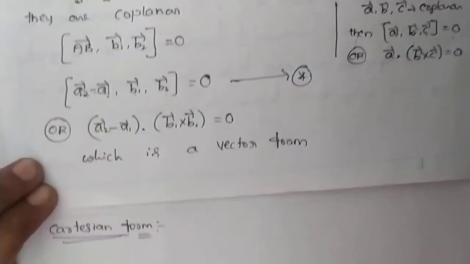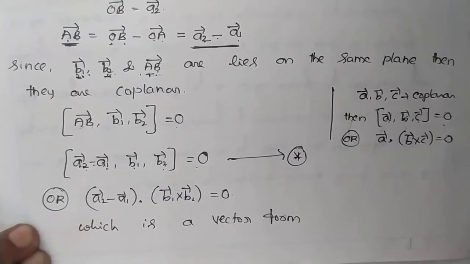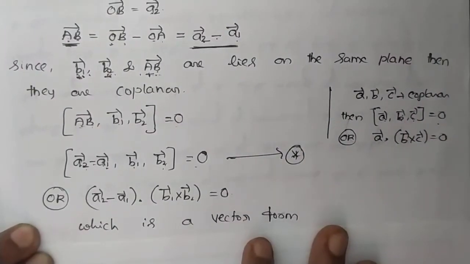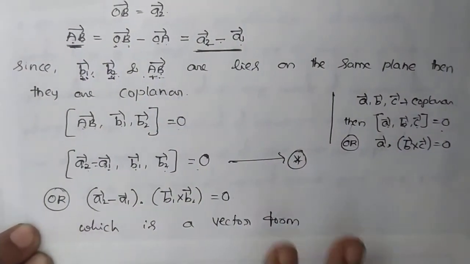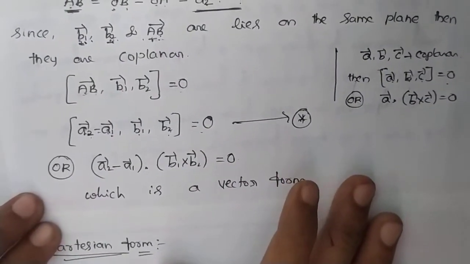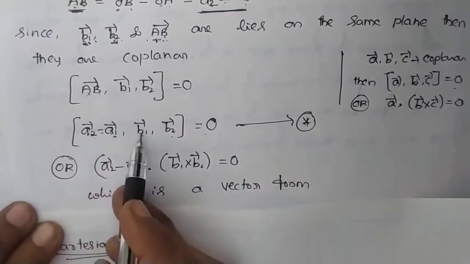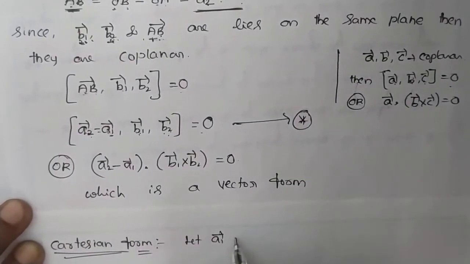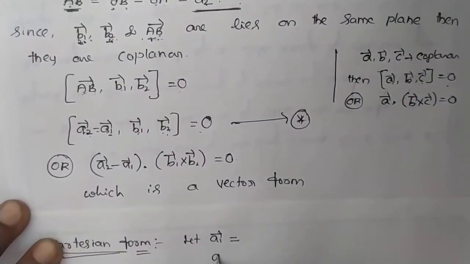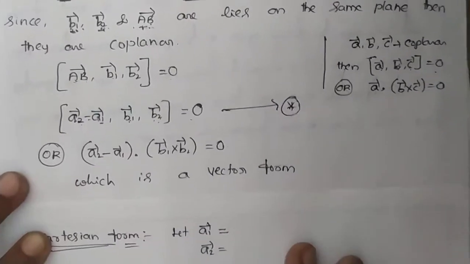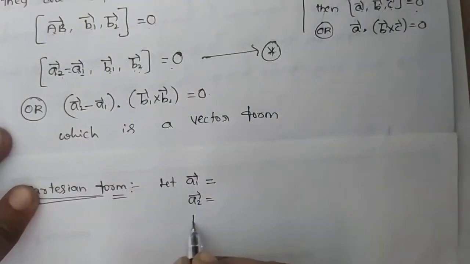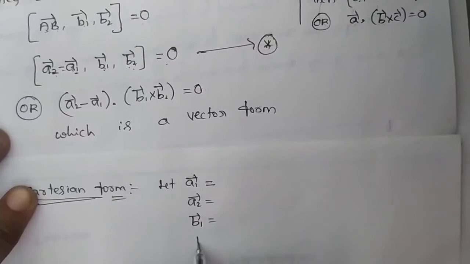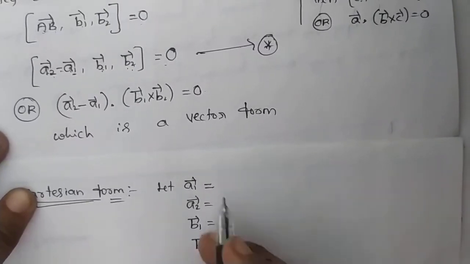Here we have a1 vector, a2 vector, b1 vector and b2 vector.